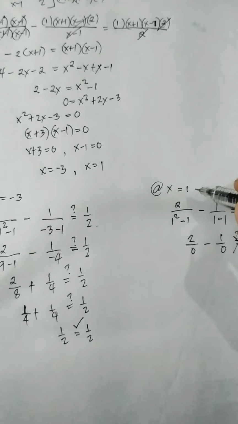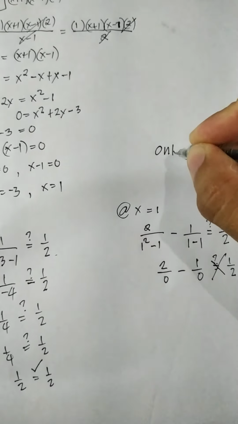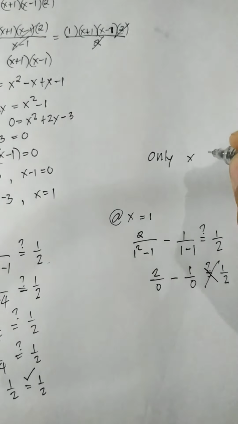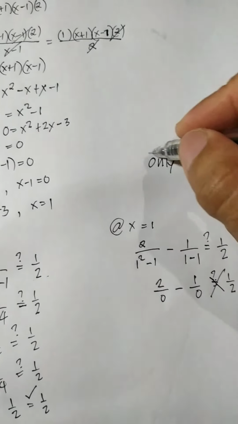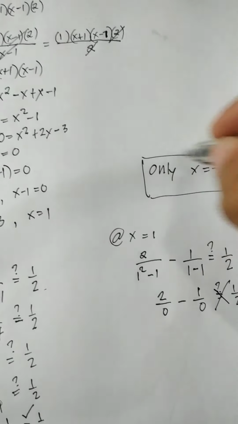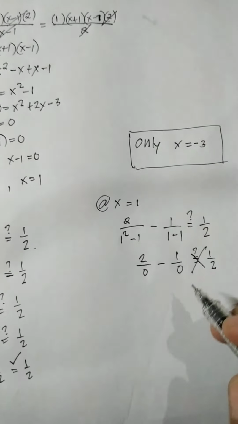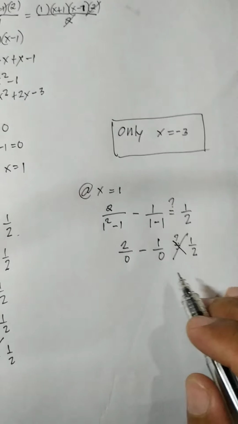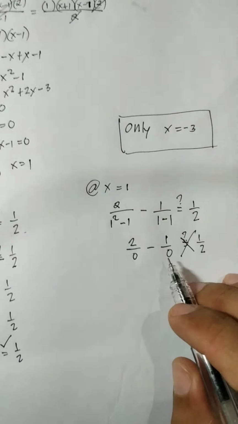So our answer here is only x equal to negative 3. Only x equal to negative 3. x equal to 1 does not count, because when we check, it becomes undefined. The left side and the right side are not equal.